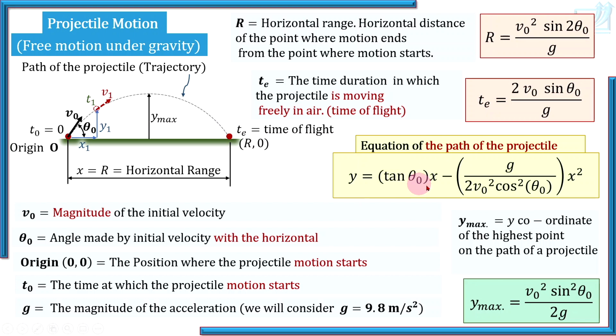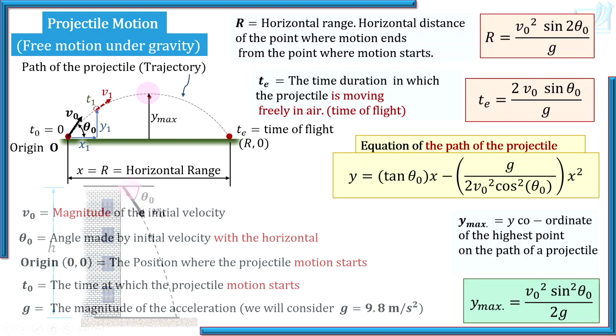Y equal to tan theta 0 x minus g divided by 2 v0 squared cos squared theta 0 into x squared. It is standard equation of parabola. So path of a projectile is a parabola with vertex of the parabola at highest point. So path of the projectile is symmetrical about the highest point.